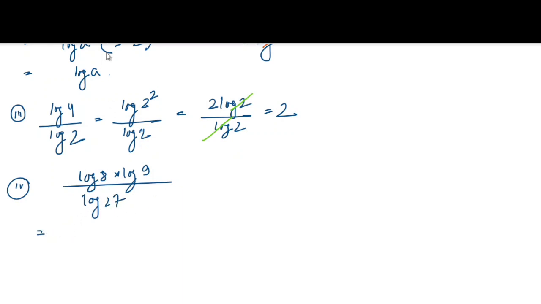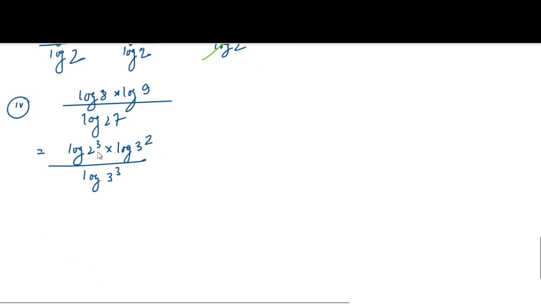Log 8 can be written as log 2 to the power 3, into log 3 to the power 2, divided by log 3 to the power 3. Now we'll shift all the indices, that means this index, this index, and this index. Here you can see that in all the problems we are solving, no base is given. So we are not going to write any base, because we consider that the base is 10 here. We imagine the base is 10, so we need not write it.